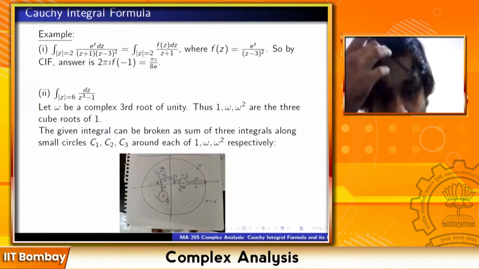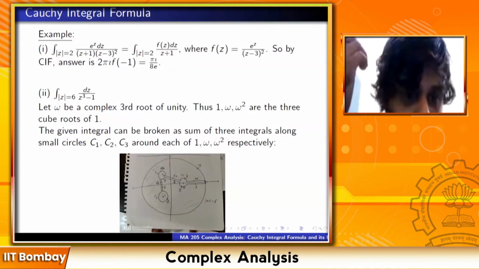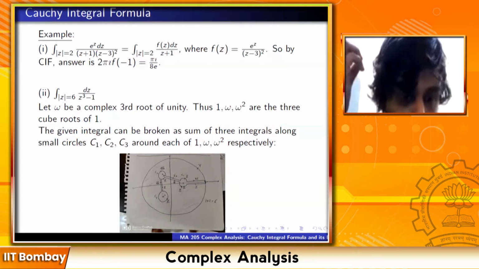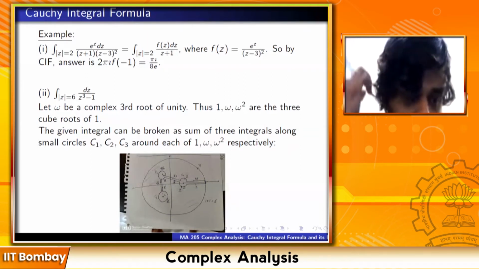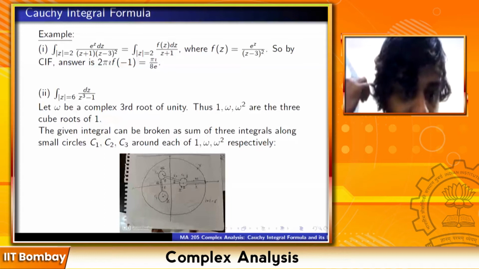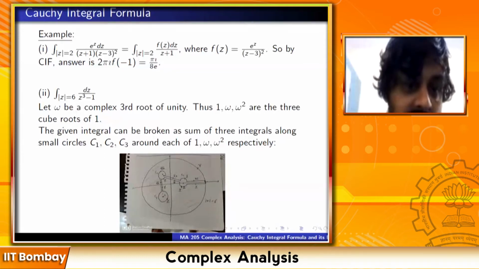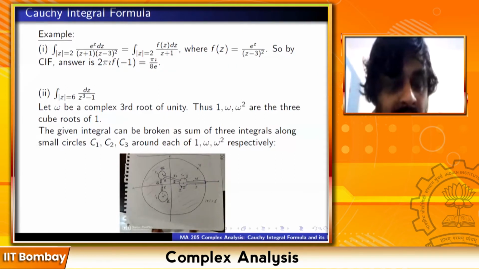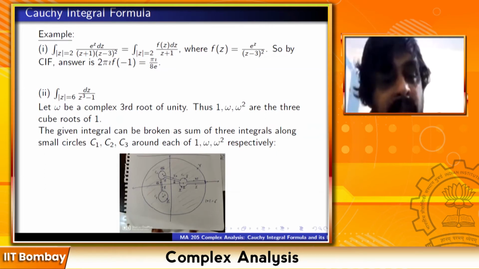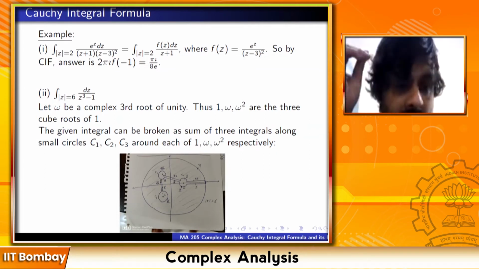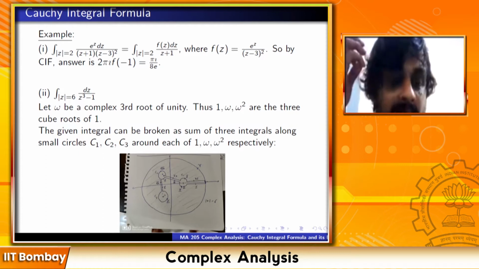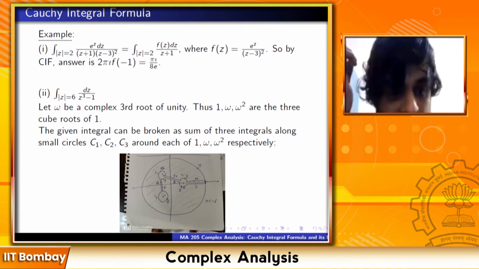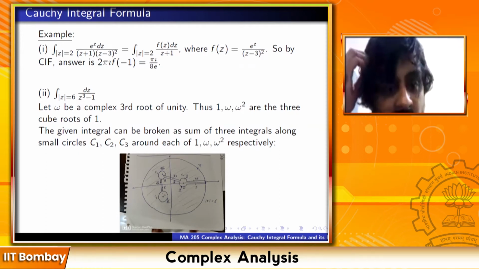I hope you can see 1, omega, omega square. Omega is at 120 degrees, omega square is at 240 degrees, and radius 1. So I have drawn 3 circles, one around 1, second around omega, third around omega square, C1, C2, C3, and by modifying the contour that we saw previously, I can show that integration along gamma is the integration along C1 plus the integral along C2 plus the integral along C3.